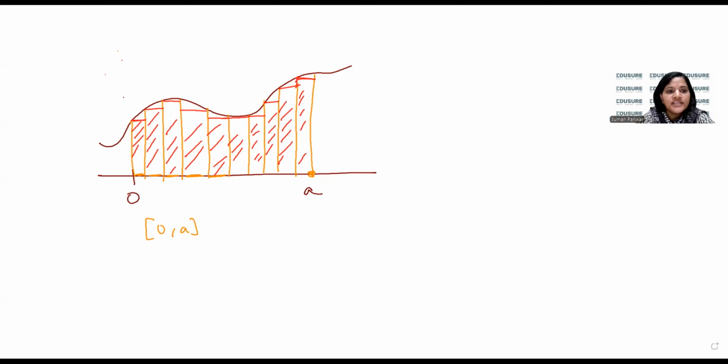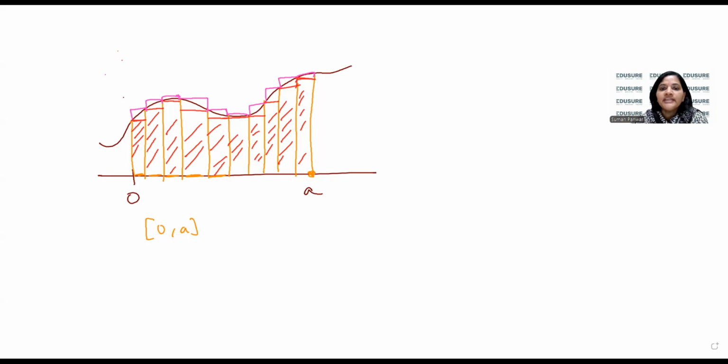Okay. Now, similarly, he said we can also do it like this. Calculate the area of upper rectangles. Something like this. So we can approximate this area either from the lower rectangles or from the upper rectangles.